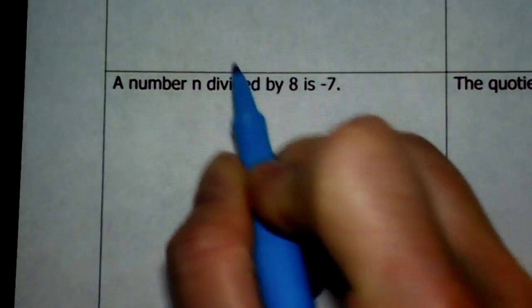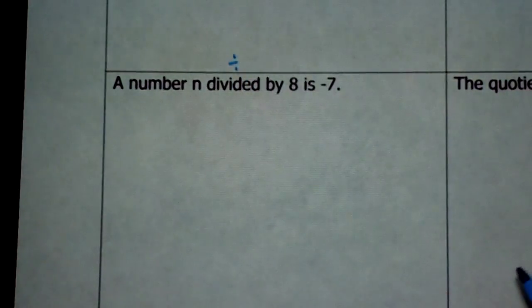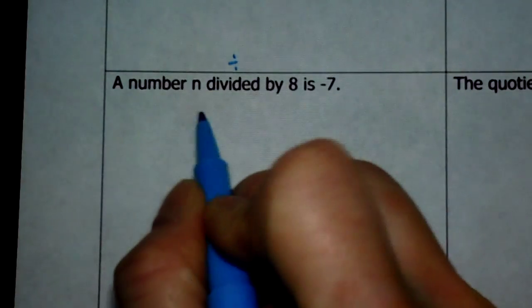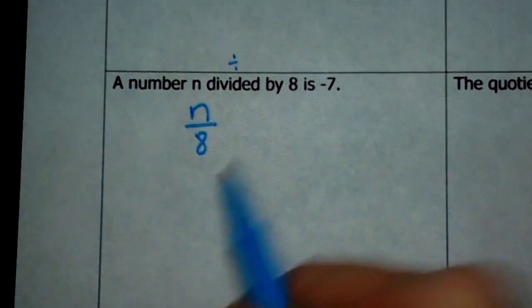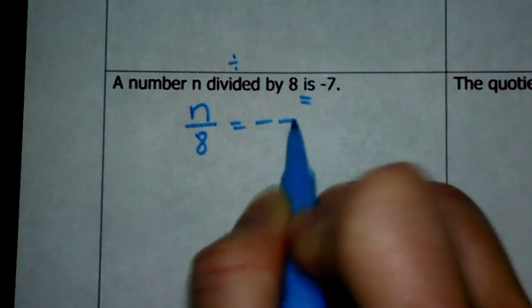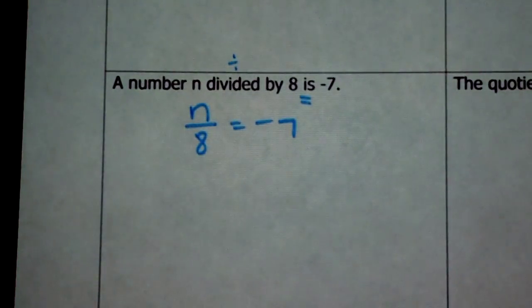All right. Next one, I have a number n divided by 8. So divided by, yes, means division. And n divided by 8, yes, you could write out n, division sign, 8. But usually we're going to see it written like this. So n divided by 8, that's fine, is negative 7. You can't put the 8 over the n, because I want n to be divided by the 8.